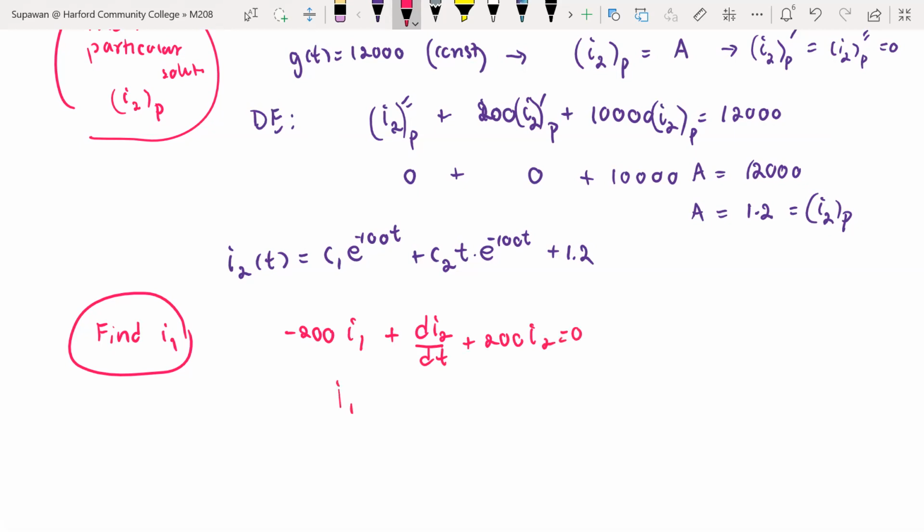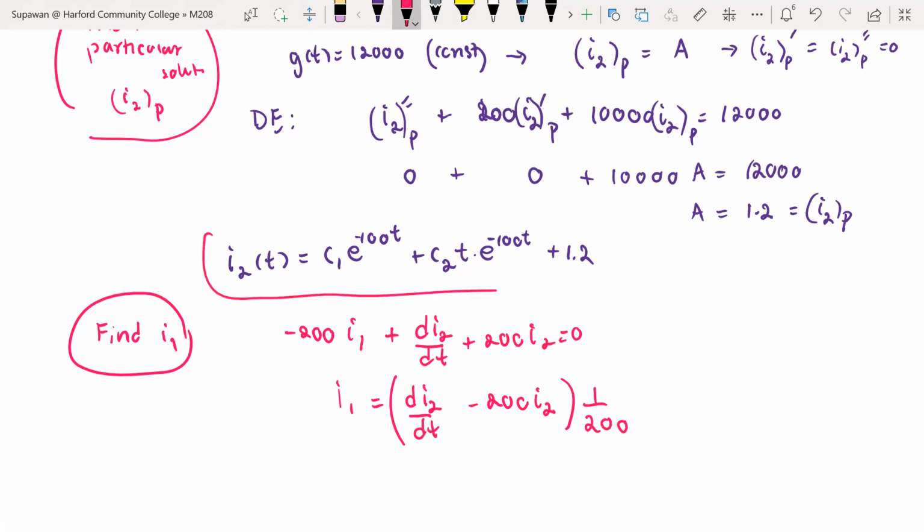Therefore, we get I1 equals the first derivative of I2 plus 200 of I2, and then multiplied by 1 over 200. That means we need to find the first derivative of I2.